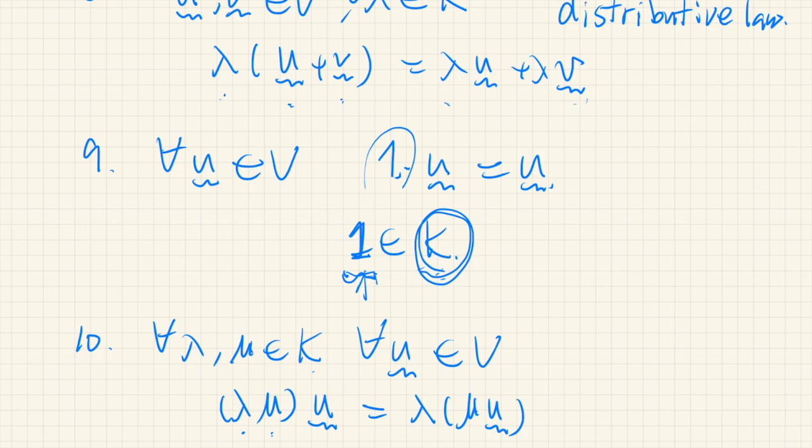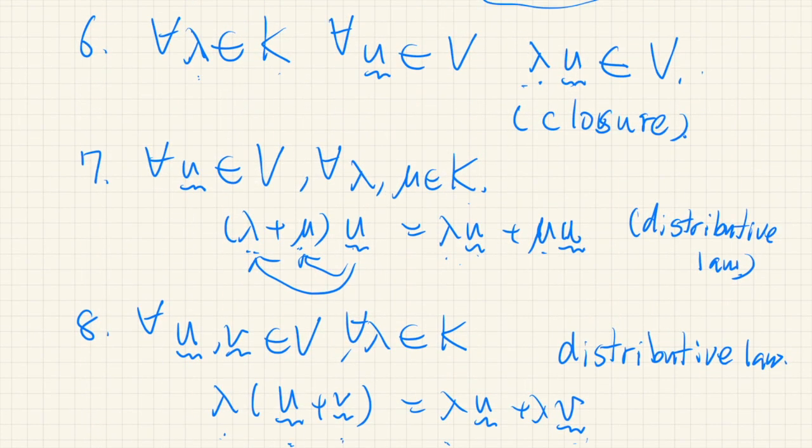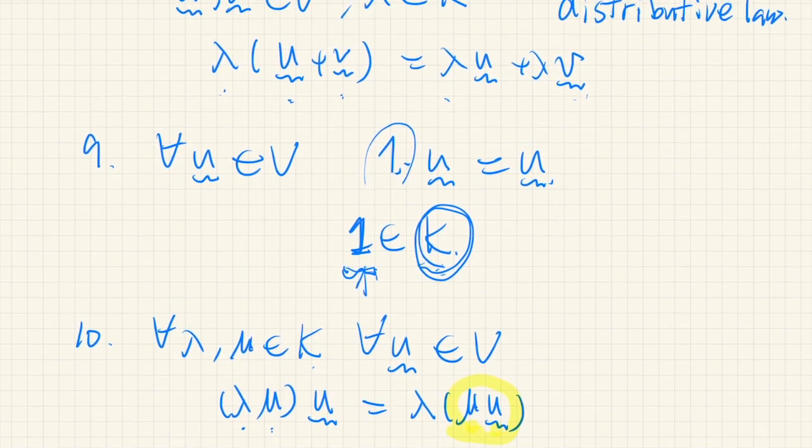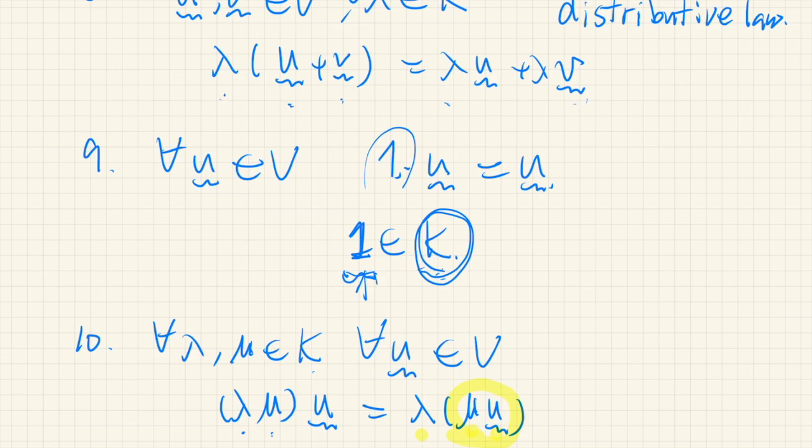So the right-hand side means we first multiply the vector u by scalar mu, and that result is a vector, according to the closure condition. And then to that result, we multiply the scalar lambda. So this is equal to this. So we can say scalar multiplication is associative. So this is another kind of associativity.